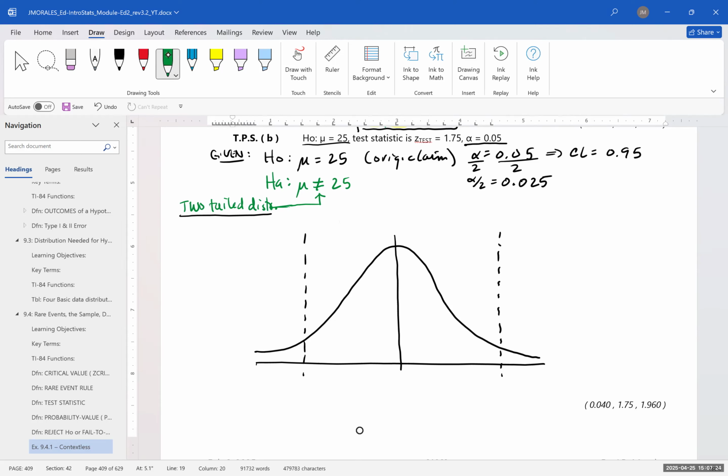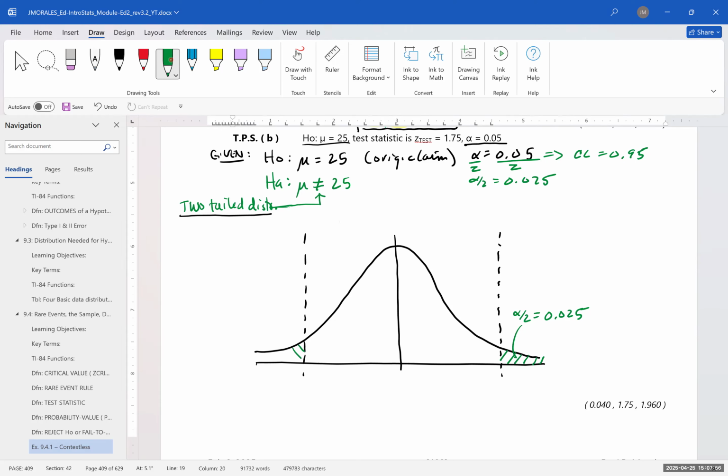Let me use a different color to show the new stuff that I've calculated. So the area in this tail here is alpha over 2, and that's 0.025.